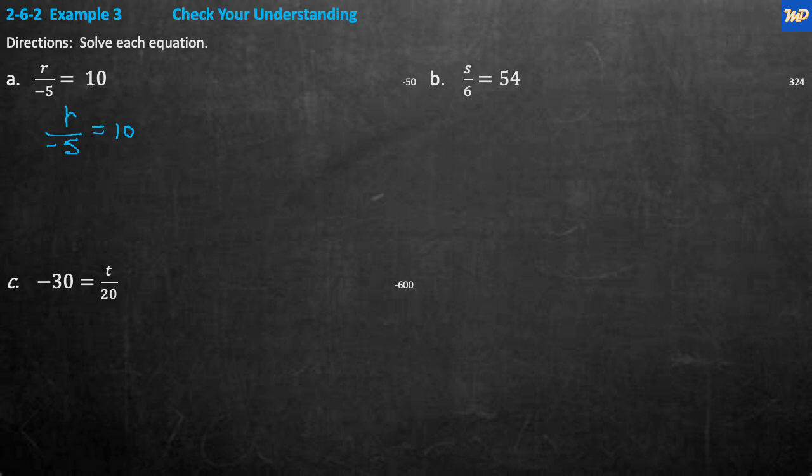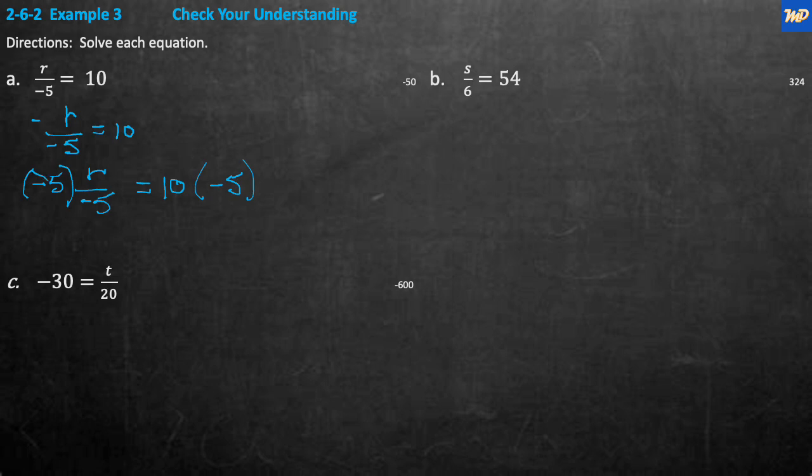Getting r by itself, it'll be on the left side this time. We're going to leave it on the left side. So we're going to multiply both sides by negative 5: negative 5 times r over negative 5 is equal to 10 times negative 5.